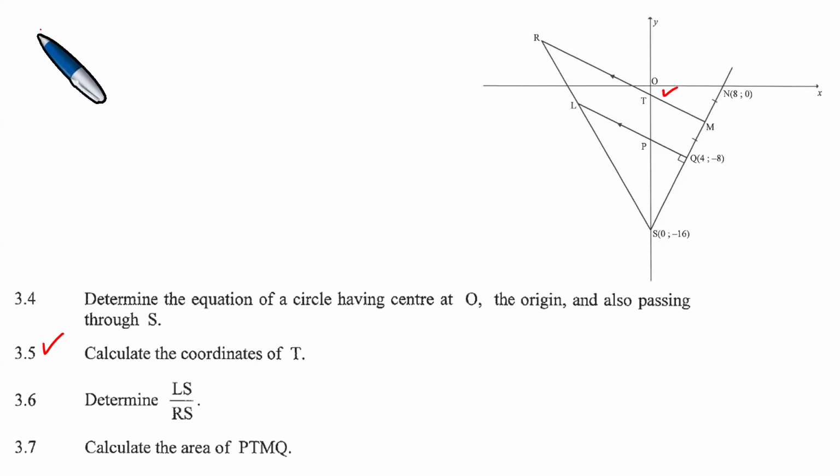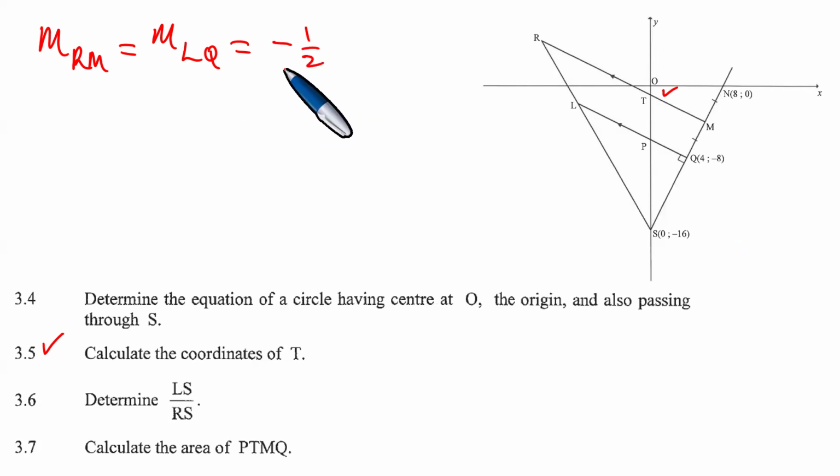Now to find the coordinates of T, the gradient of RM is equal to the gradient of LQ. And this gradient is minus 1/2, because we already know that the gradient of LQ is minus 1/2.